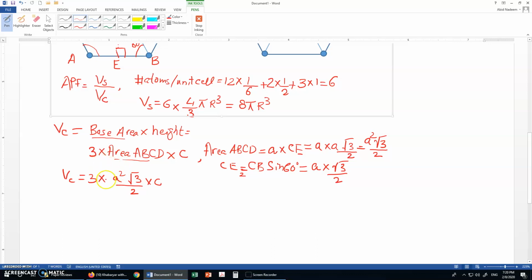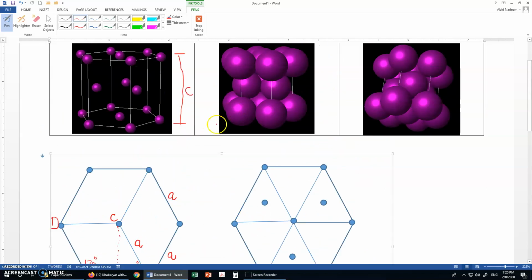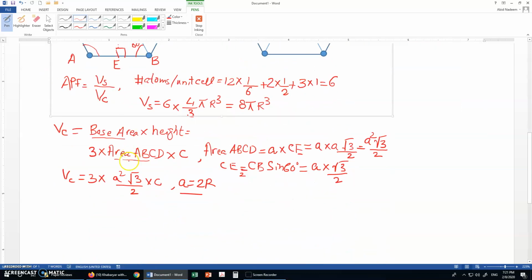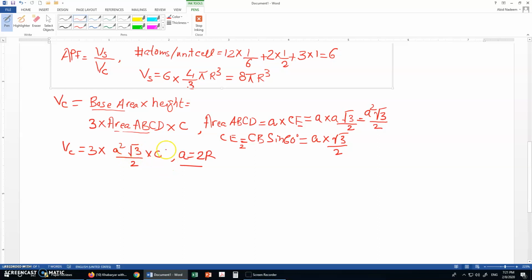C. We know that A is equal to 2R. Why? Here you can see that these two atoms show the sides. Each side is equal to A. So A is equal to 2R, because the radius of this atom is R, and the radius of the other atom is also R. So we can put A equal to 2R over here.